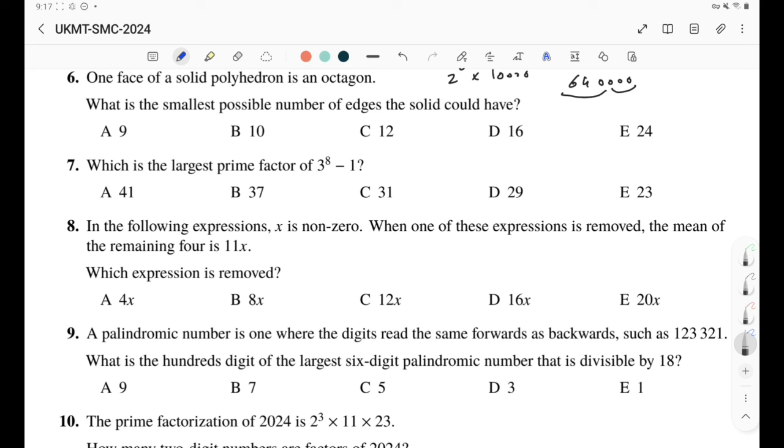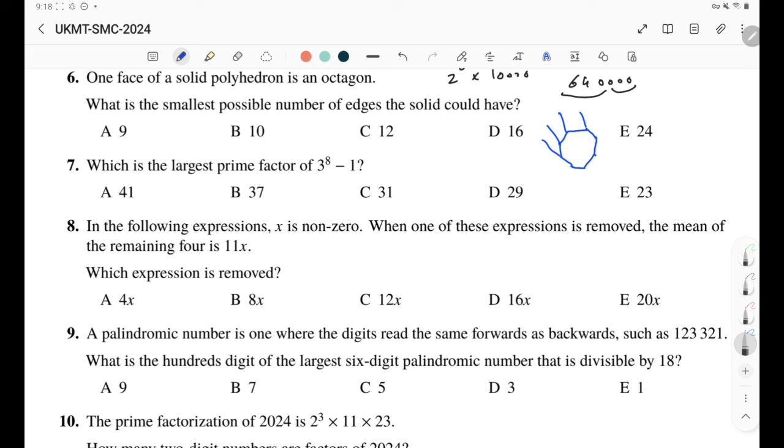Right now we already have an octagon, something like this. This is one edge. Now, since this is a solid polyhedron, each one of these guys is going to be going up.